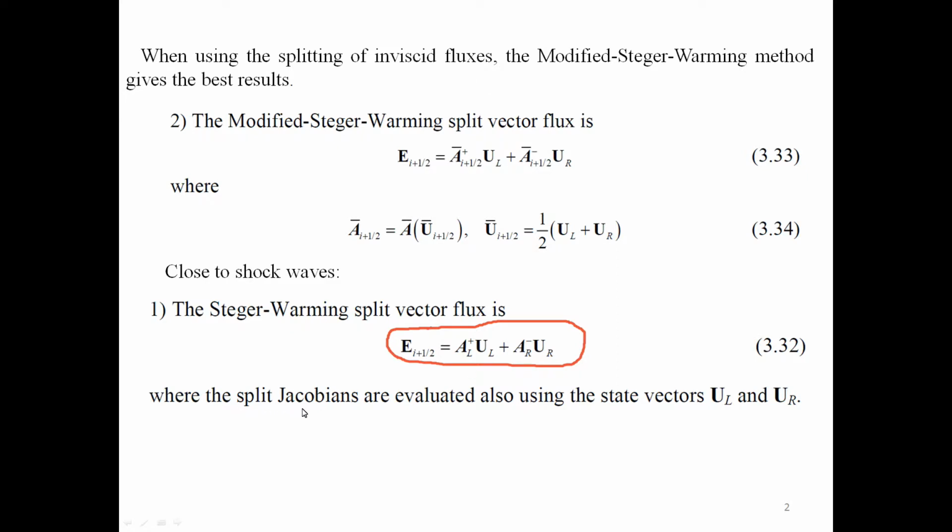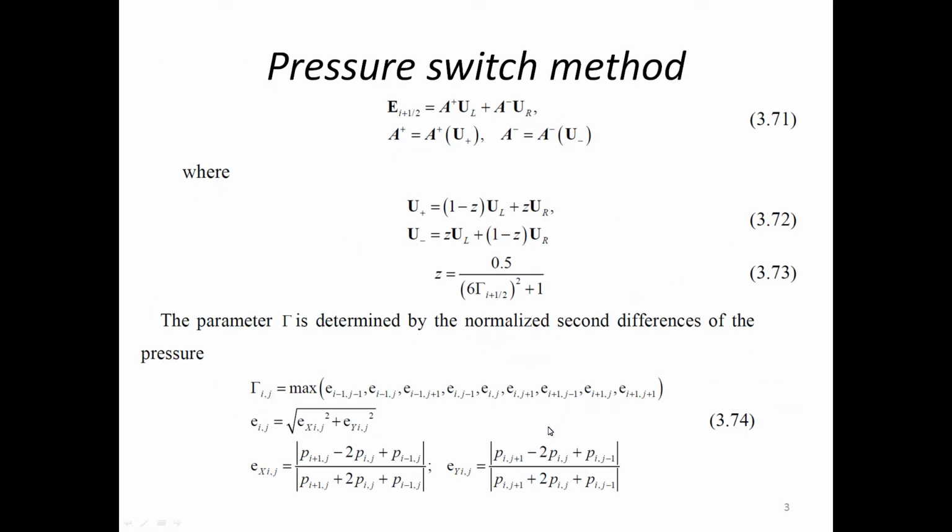The split Jacobians are evaluated using the state vectors U_L and U_R. To solve this problem, the following pressure switch method can be used.